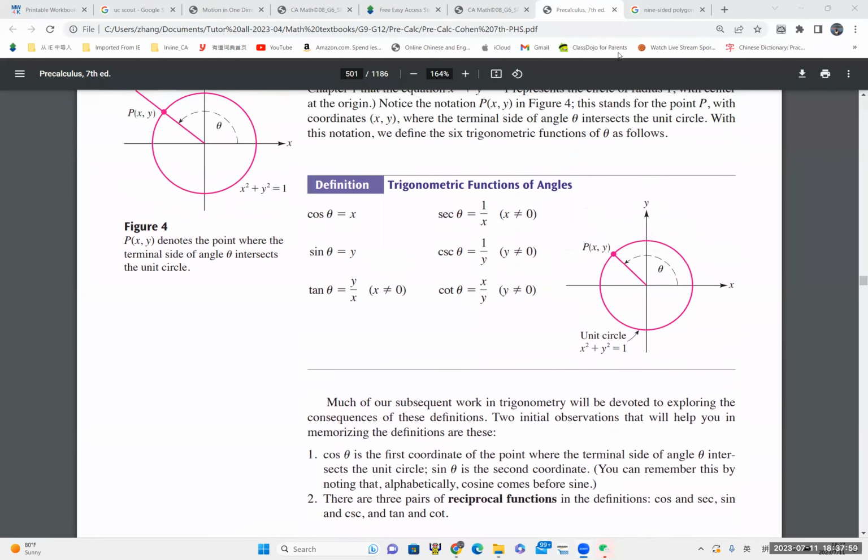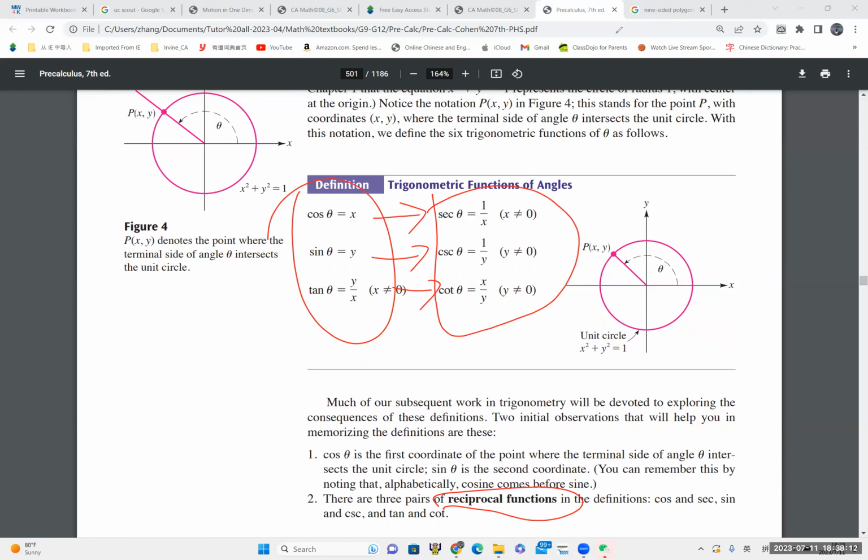Yeah, here they are reciprocals of the left ones. And we need to pay attention to make sure it's defined. That means the denominator cannot be 0, right?